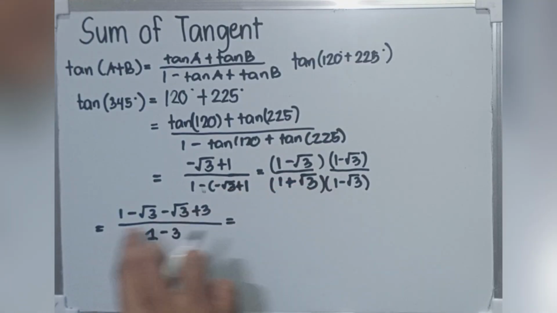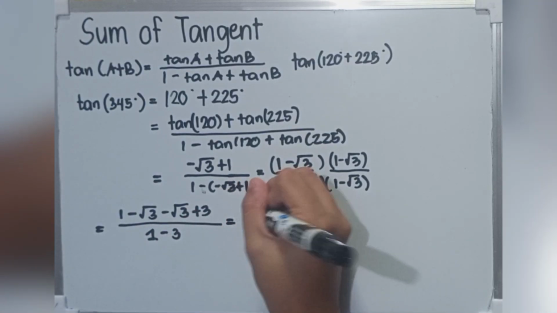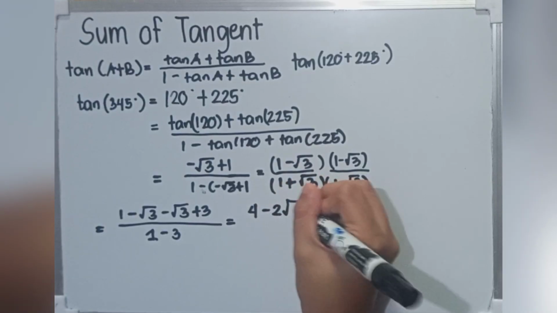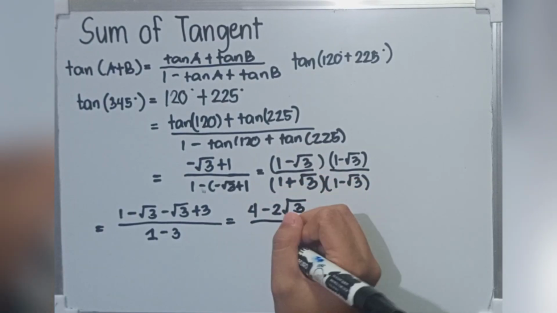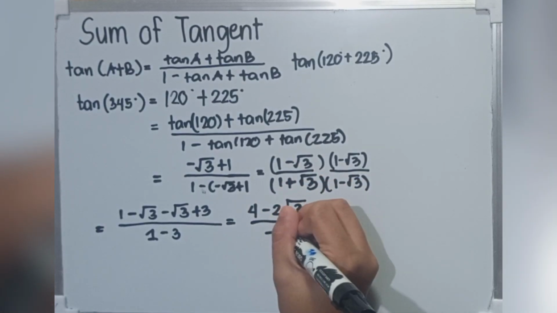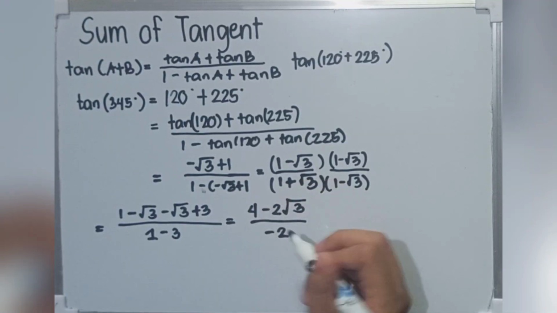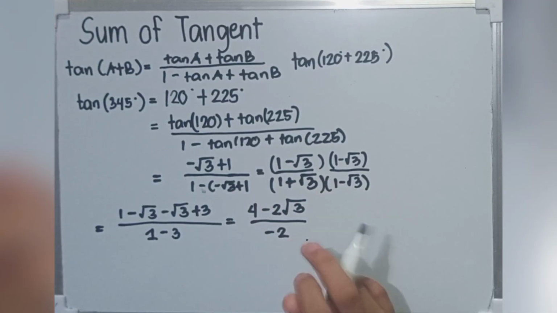So 1 plus 3 equals 4, and negative square root of 3 minus square root of 3 is negative 2 square root of 3, and the denominator is minus 2, because 1 minus 3 is negative 2.